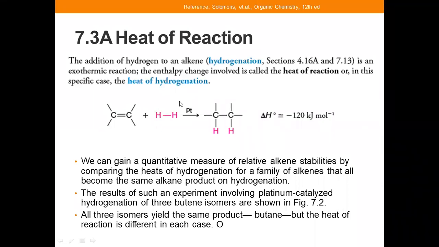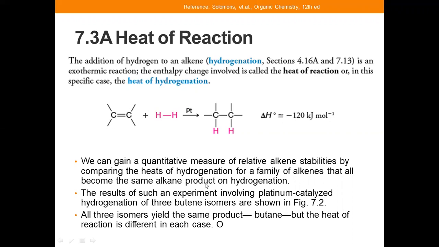The alkenes can readily react with hydrogen in a process called hydrogenation to form your alkane. And from here, we can get the heat of hydrogenation produced in the reaction. From this reaction, we can gain quantitative measures of the relative stabilities of alkenes by comparing the heats of hydrogenation for a family of alkenes that would produce the same alkane as a product.